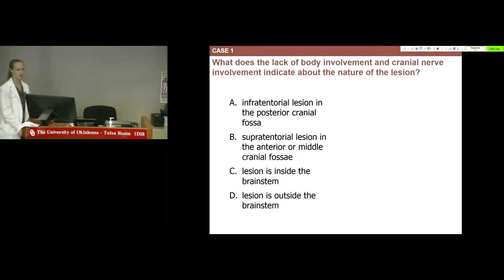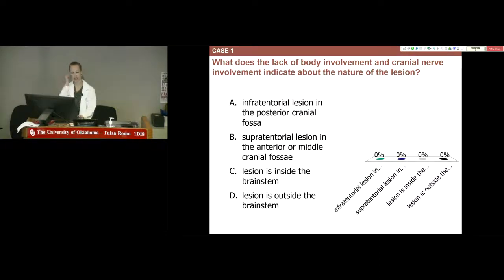Okay, all right, so we're kind of all over the place here, but that's okay. This wasn't a super easy question because I gave you kind of confusing answers. However, the correct answer is D, lesion outside the brainstem.